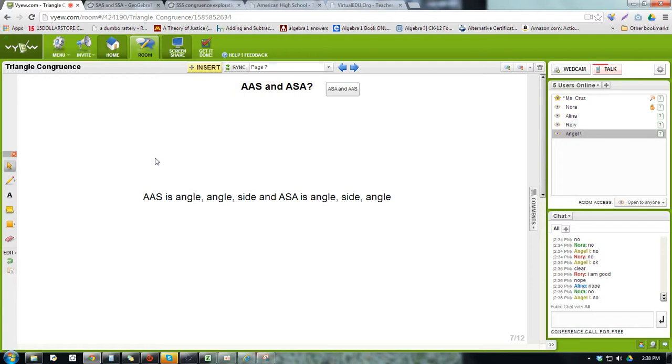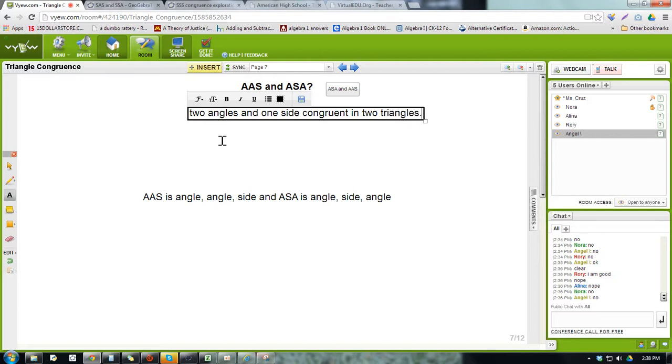Angle, angle, side. And one is angle, side, angle. Perfect. And these are in triangles. So both of these are theorems where there are two angles and one side congruent in two triangles. And this is the more specific: AAS is angle, angle, side, and ASA is angle, side, angle. So perfect. And this is actually one of the proofs that Thales did from the beginning of the lesson.